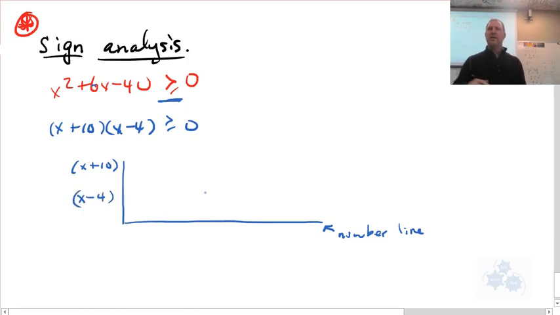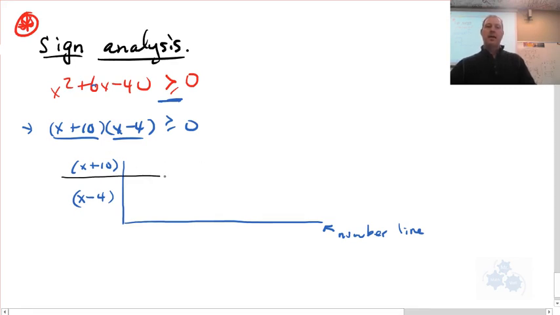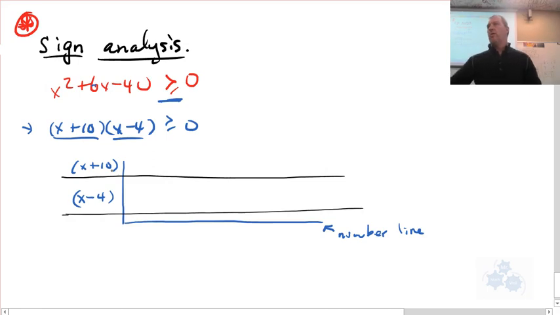And again, this really helps a lot when there's more than two factors, because you're going to have big polynomials with 3, 4 factors. And so this is where sign analysis really helps. But I'll use a simple example to show you how it works first. So what we do is we find the roots now, and we put them in sort of like rows here. Okay, so there's 2 rows here, right? So x plus 10, where is that 0? At x equals what?